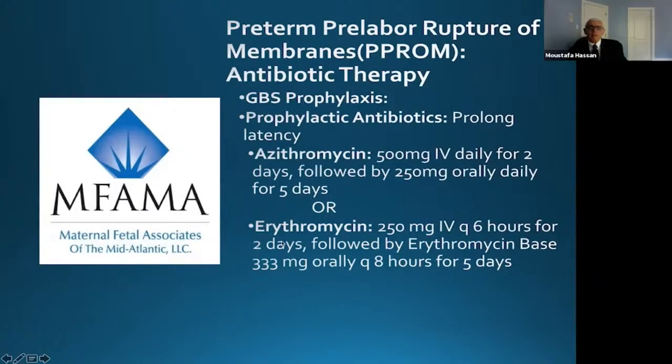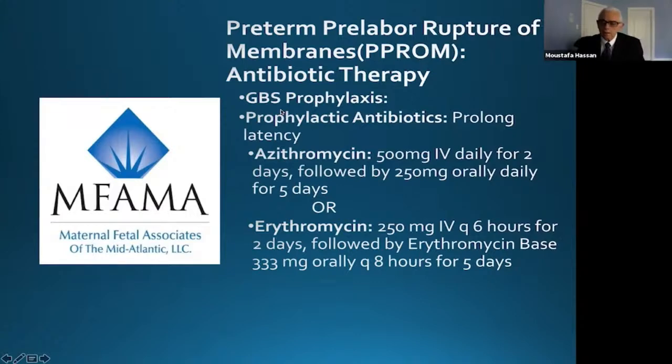Antibiotics, definitely antibiotics. If you're not going to use them in preterm labor, they are indicated in premature rupture of membrane. GBS prophylaxis is usually penicillin or amoxicillin. If the patient is allergic, you use a cephalosporin if they don't have a history of anaphylaxis. If they have anaphylaxis, then you have to do a culture and use clindamycin, and based on the culture, you might change it.